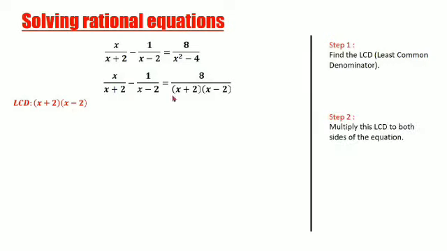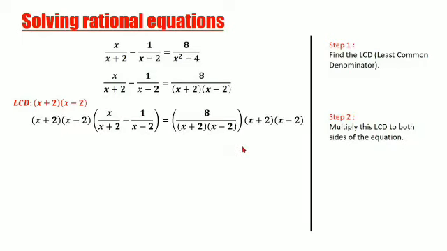Second step is to multiply this LCD with both sides of the equation, just like this one. Next step, we have to solve for the unknown. When we multiply this LCD here with the first term here, we can see that x plus 2 can be eliminated, leaving the numerator and this one, x times x minus 2, minus, if we will multiply this LCD with this term here, we can see that x minus 2 here and x minus 2 here can be eliminated, leaving the numerator 1 and x plus 2.